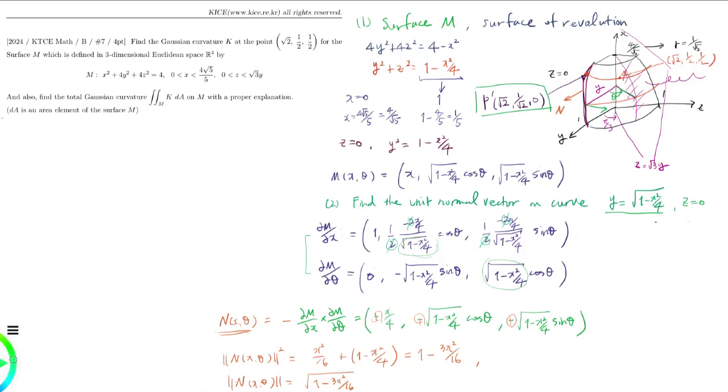By dividing all the coordinates by square root of 1 minus 3x squared over 16, we'll have the unit normal vector field, which is x over 4 times square root of 1 minus 3x squared over 16, and then square root of 1 minus x squared over 4 over 1 minus 3x squared over 16 times cosine of theta, and the same times sine of theta. This is our unit normal vector.